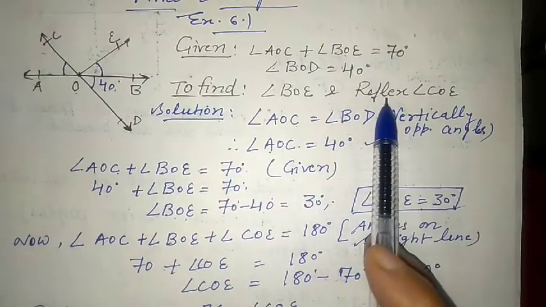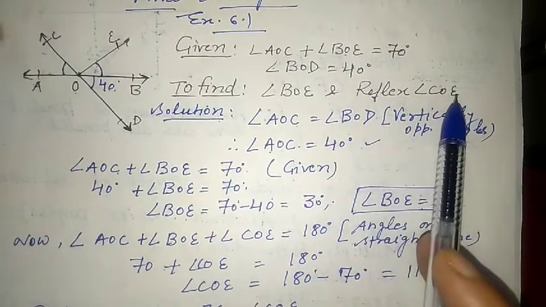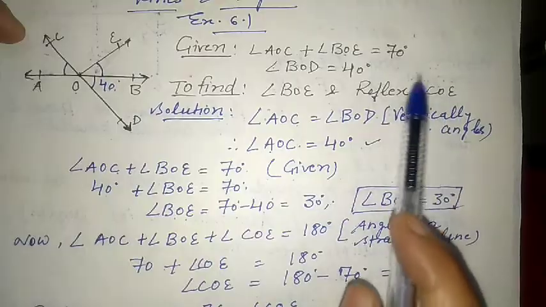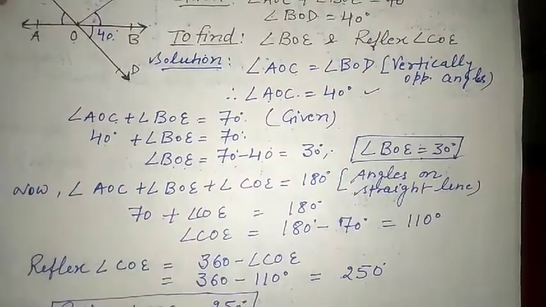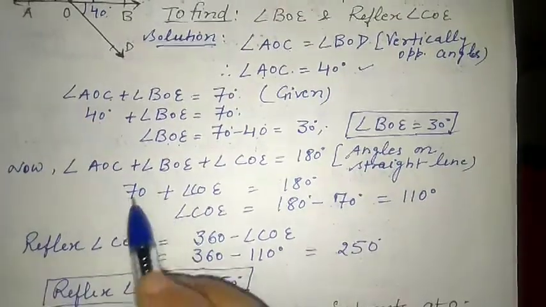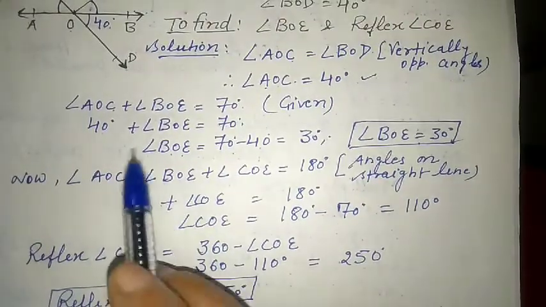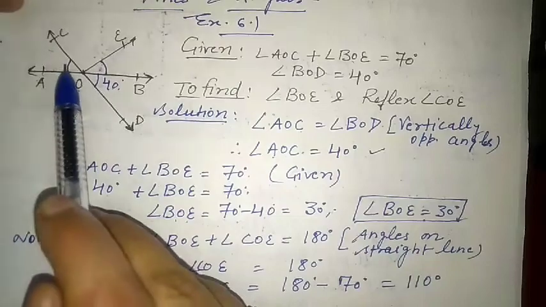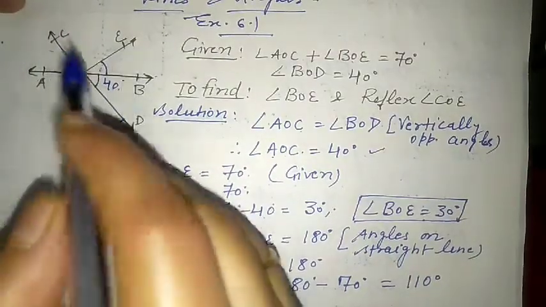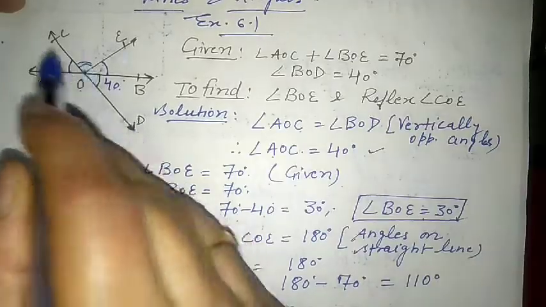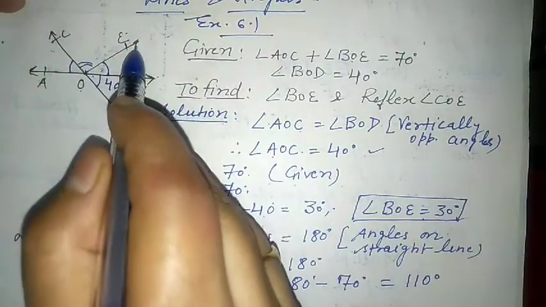Now for the second part, we have to find reflex angle COE. For this, first we will find the simple angle COE. In the figure we can see angle AOC plus angle BOE plus the third angle, angle COE.